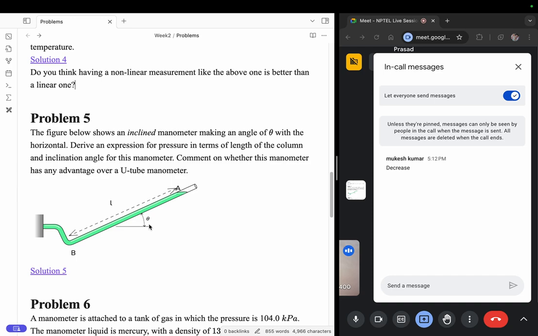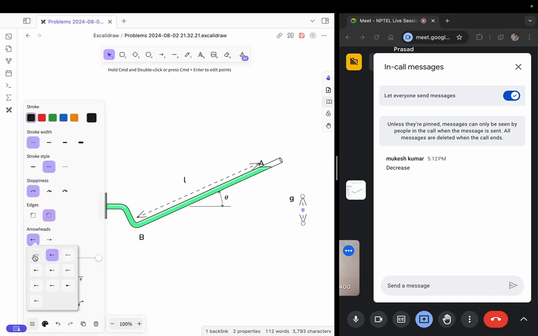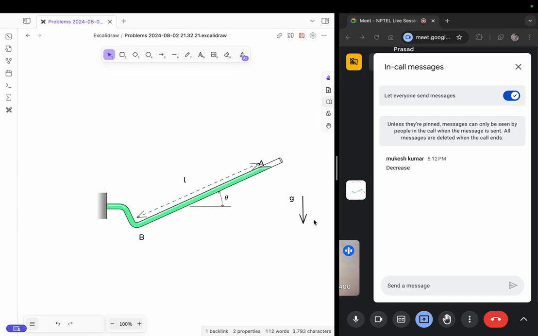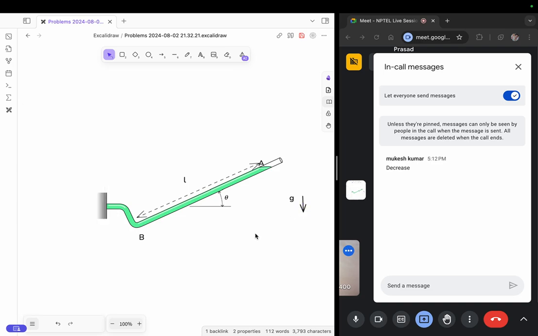So if gravity is acting downwards in this particular direction, what will be the net weight that I will feel if I am sitting at B?